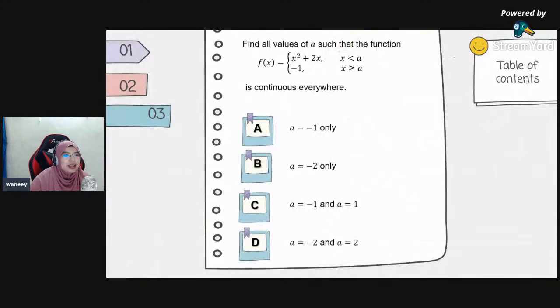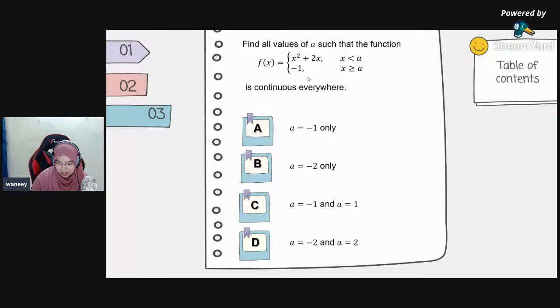Next. Okay, so now find all value of a such that fx is continuous everywhere. Okay, so 2 soalan lagi. Go korang. Sikit lagi, nak habis dah.